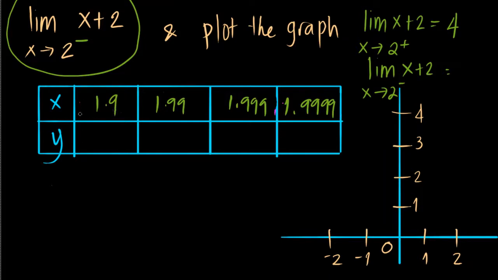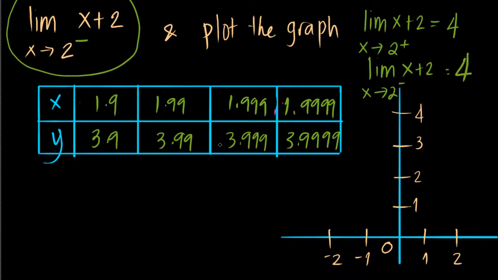Once you have those values, substitute to your function. 1.9 plus 2, that's 3.9. This is 3.99, 3.999, and 3.9999. And as you can see, 3.9 and all of these other values also approach 4.